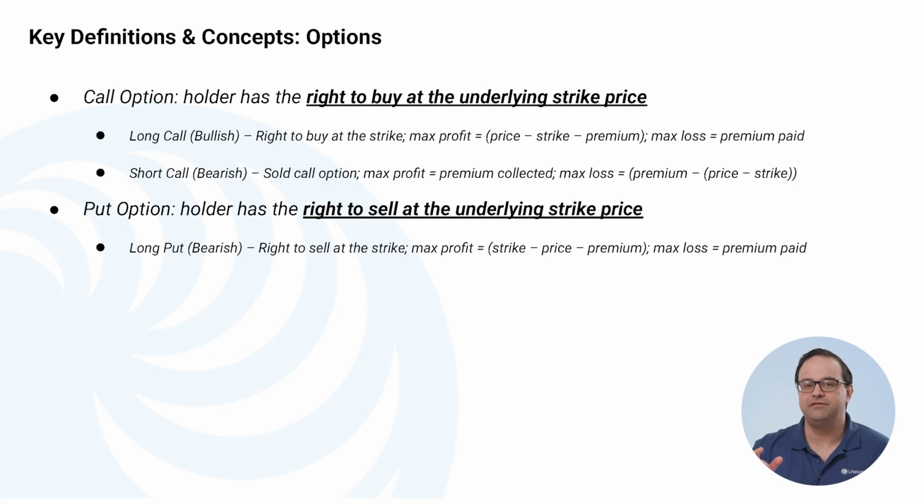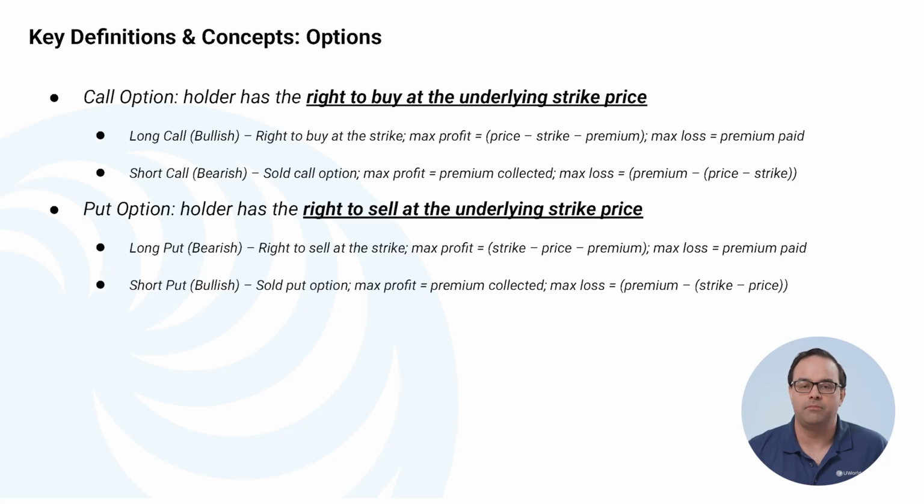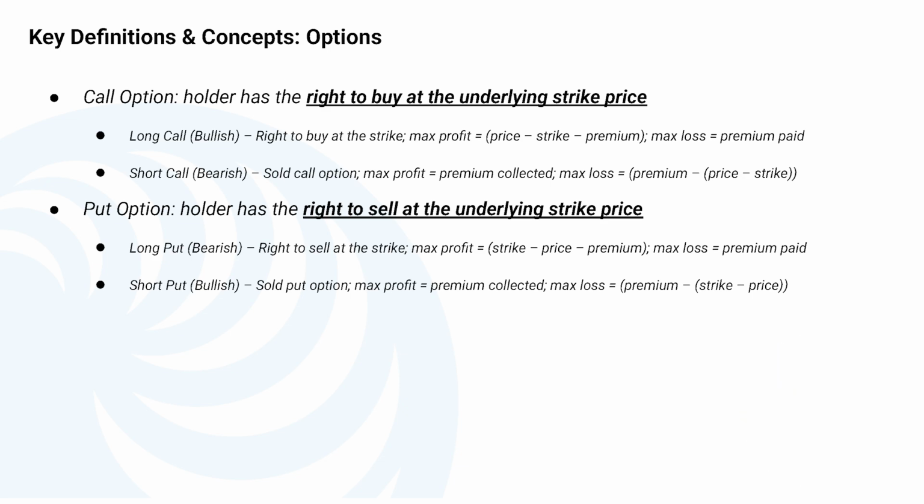Key thing to remember, an option is a right, not an obligation. So if the option is not in the money, then it will simply expire worthless, and the long will be out the premium but incur no further loss. For the short put, or the put option writer, their max profit, again, is the premium collected. Their max loss is the premium less the amount the price is below the strike.